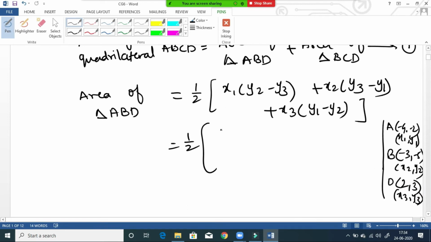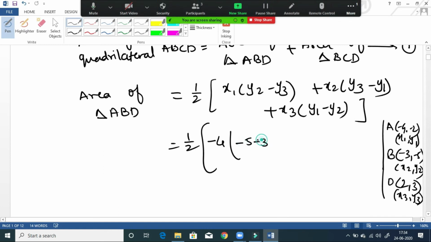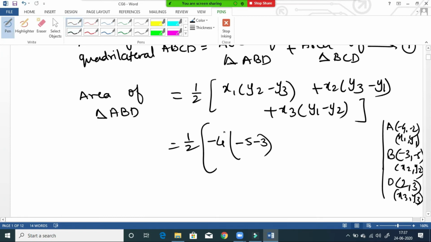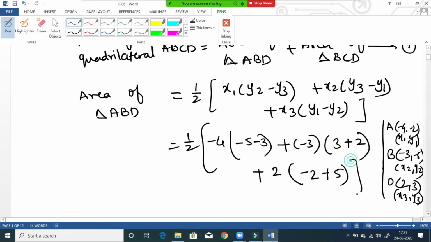So x1 is -4 here, so -4 into (y2 is -5 minus y3 is 3), so (-5 minus 3), plus x2 is -3, in bracket (y3 is 3 minus y1 is -2), so this negative and -2 becomes +2, so (3 plus 2), plus x3 is 2 into (y1 minus y2), y1 is -2 minus y2 is again -5, so it becomes +5.